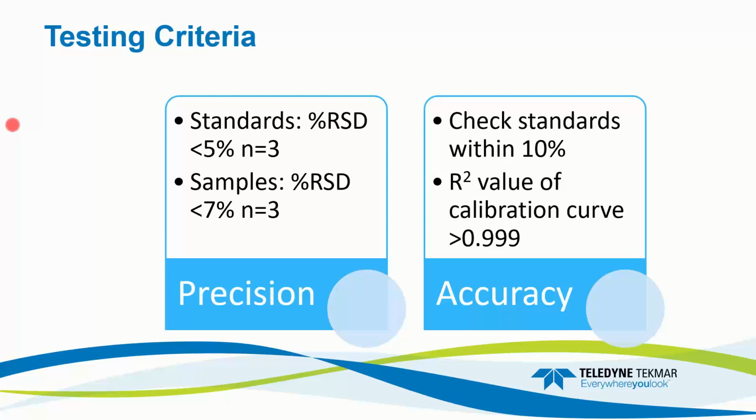Then when we looked at check standards, we want to make sure our accuracy is good along with our precision. So our accuracy for our check standards is within 10% of our tested value, and the calibration curve needs to be 3 nines or better.